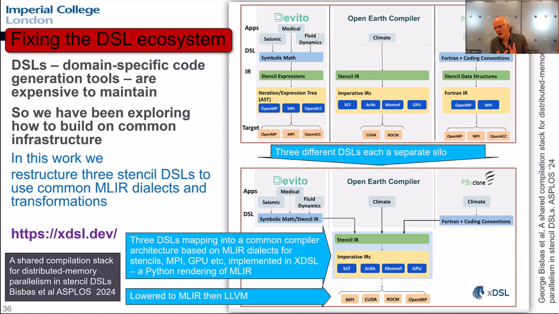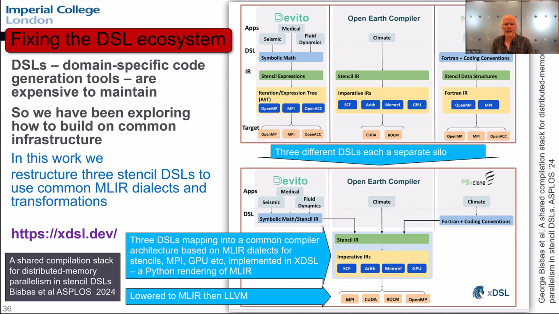And finally, a third thing is, if you've got some fantastic idea for how to do stencils better, then historically what people have done is they've implemented it in their own silo and compared it with somebody else's silo, and that's great. In a better world, we would implement it in a common compiler framework where we can see the impact of what you've added in addition to all the other tricks that we know how to do for all the applications that are supported by the different DSLs that target that toolchain.